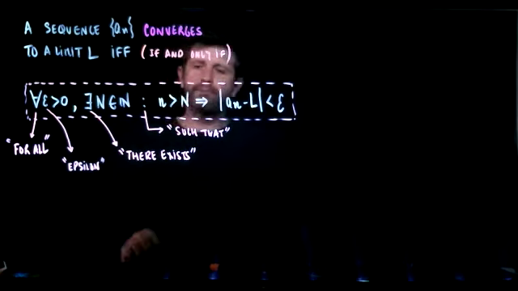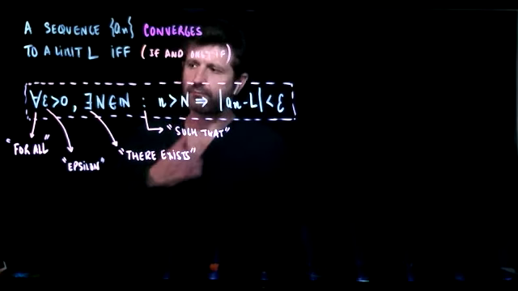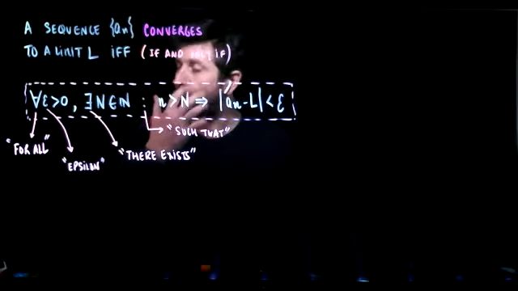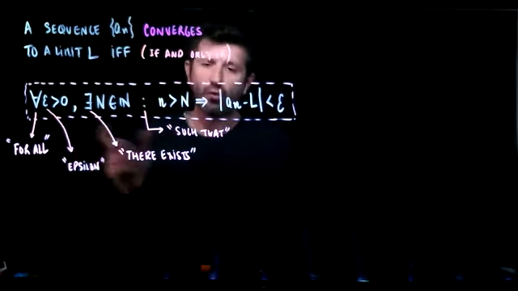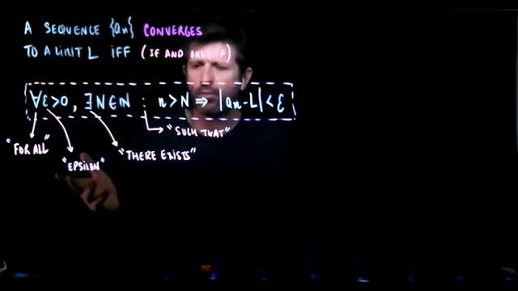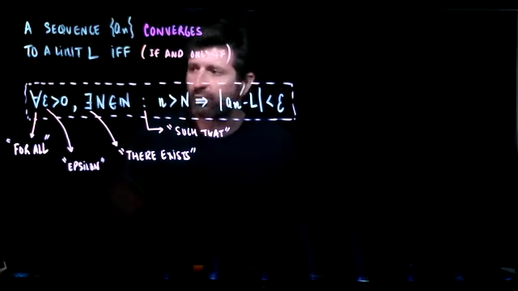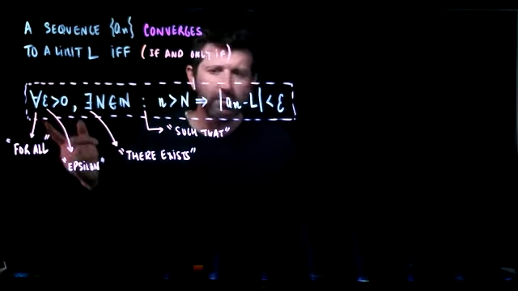Sir, epsilon just means a really small number? Yeah. It's really any number, but we usually use it for small numbers. You've probably seen this in maybe chemistry or physics. You've probably seen this epsilon sometime.